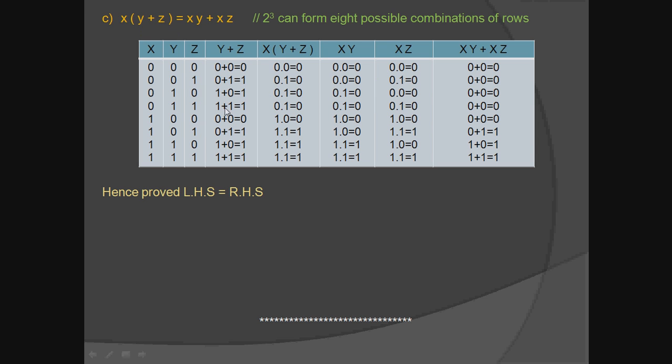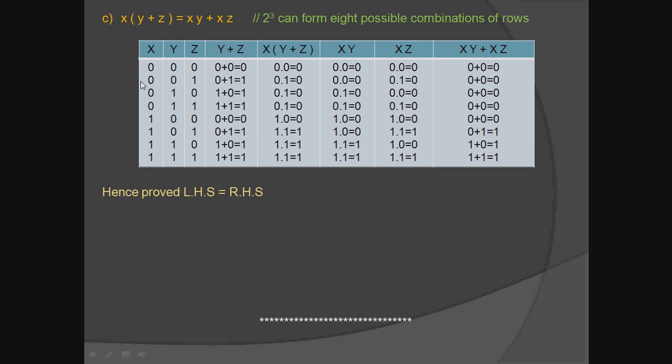Now in this truth table we have three elements, x, y, and z. This is in the format of 2 to the power 3, which can form 8 possible combinations of rows. So here we have formed 8 possible combinations of rows. The first order is 0 0 0, 0 0 1, 0 1 0, 0 1 1, like that.